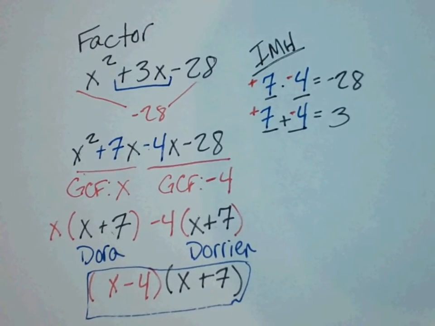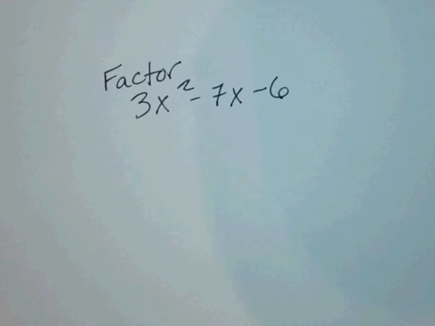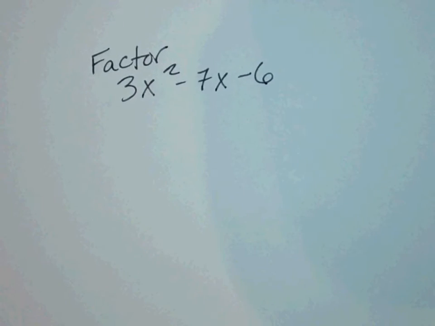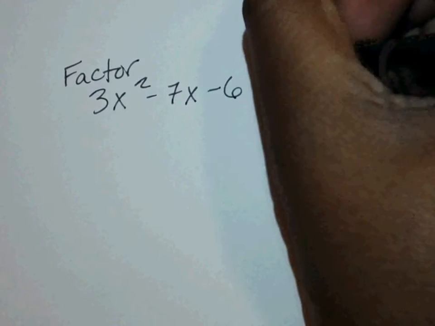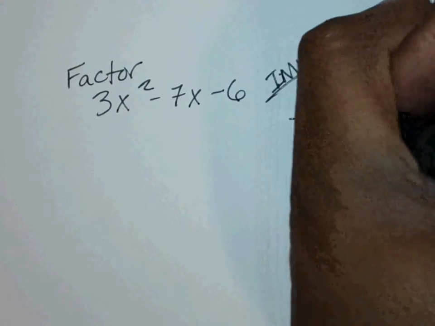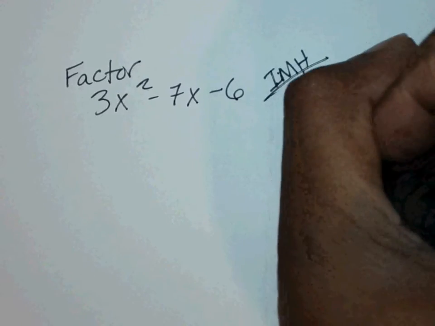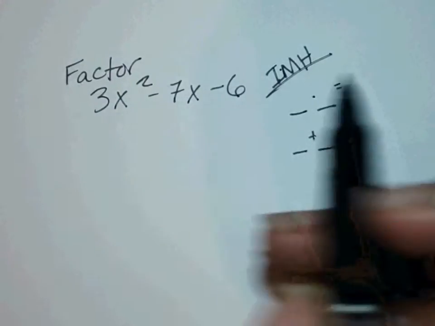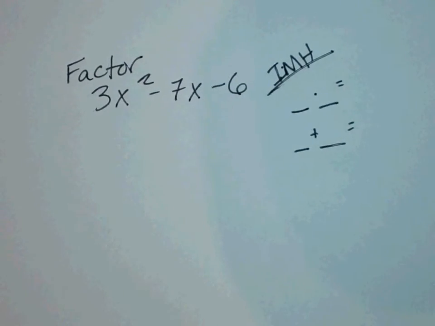Last example. Here we go. I still have to think about things in my head. So in my head, I'm still going to find 2 numbers that multiply and 2 numbers that add to get me my AC and my B. Alright.